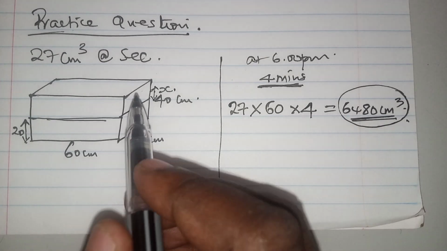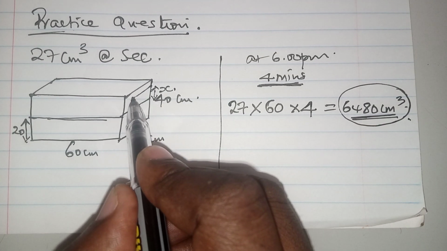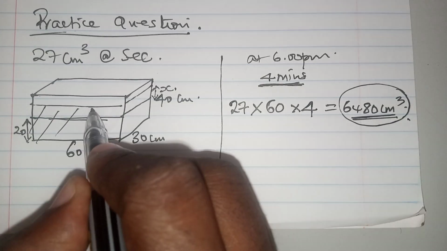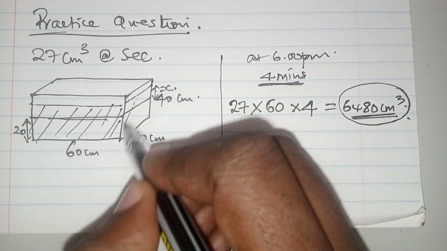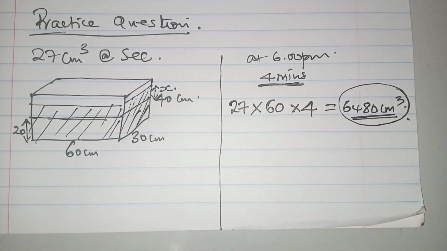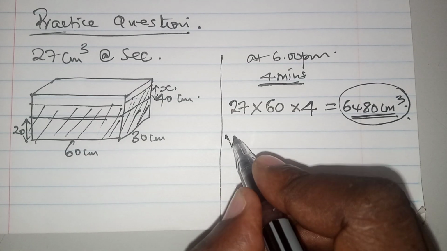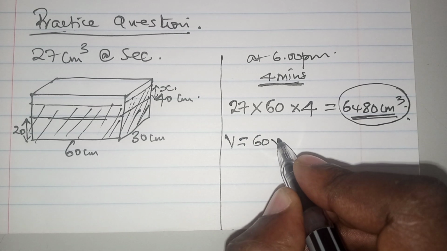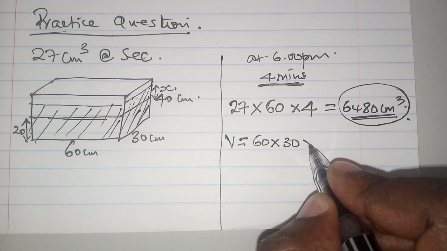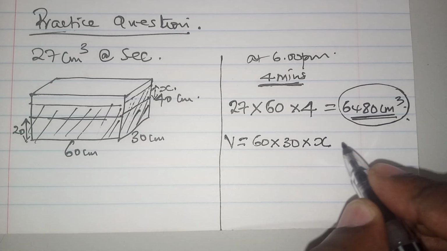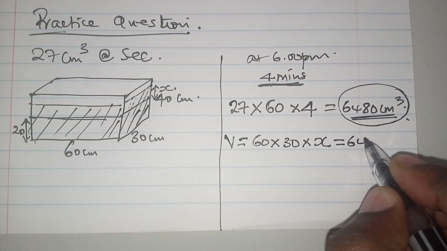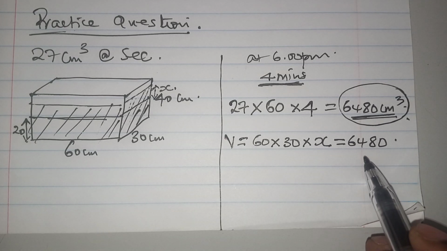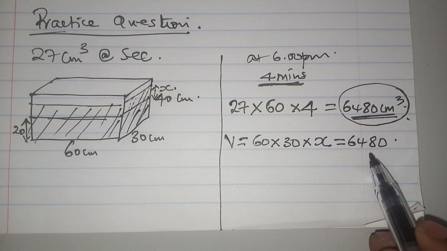Because water might be reaching there after those 4 minutes. Of course, the level will increase, but the volume, which is equal to 60 times 30 times x, should give us 6480, since this is the amount of water that entered the rectangular container in 4 minutes.